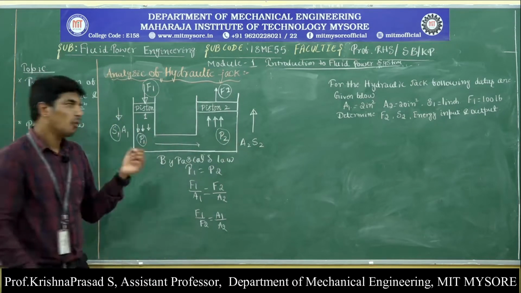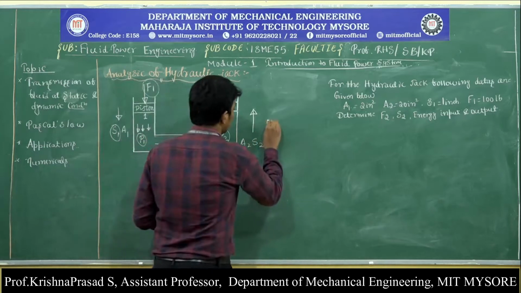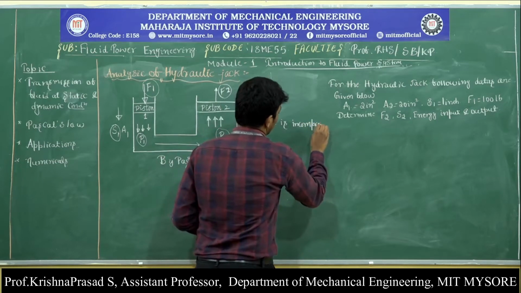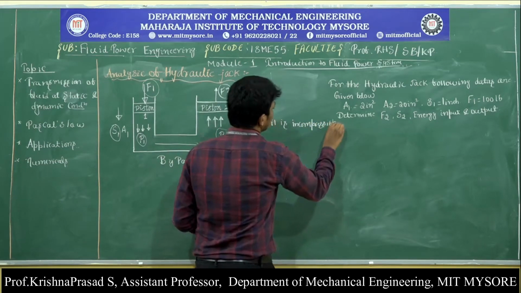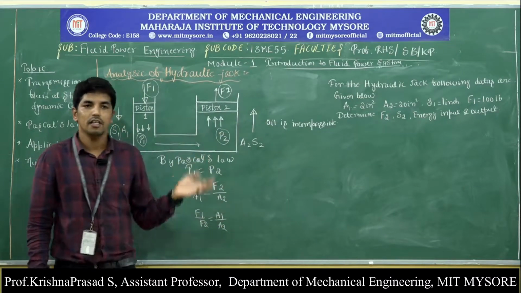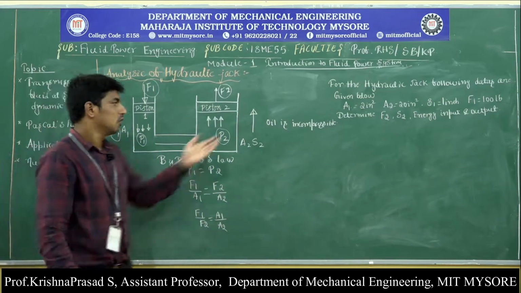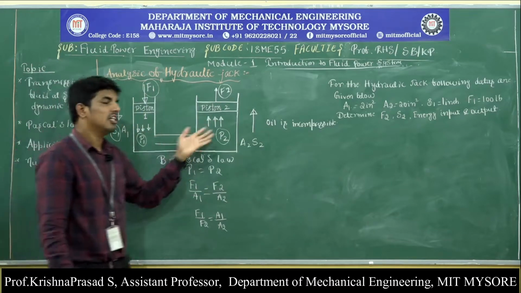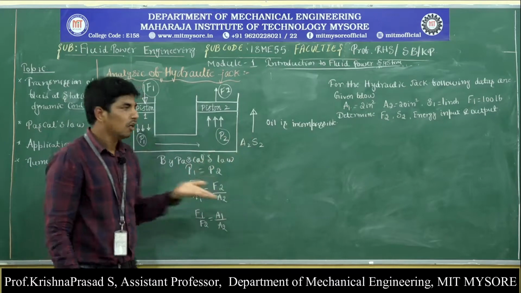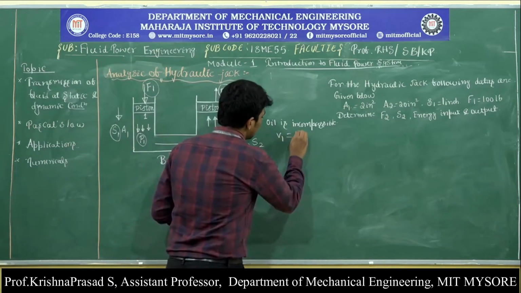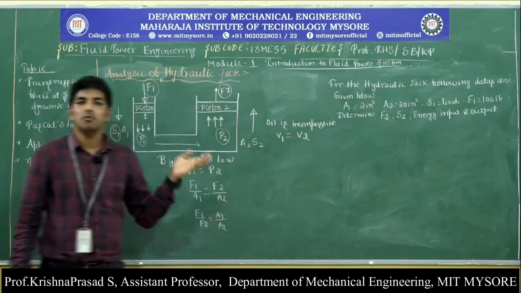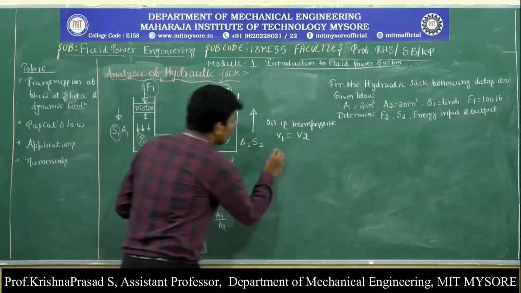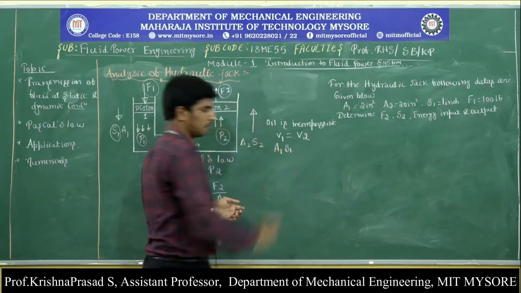Similarly, whenever I need to calculate the ratio of the movement of the pistons, S1 and S2, we need to consider one assumption: the oil is incompressible. When the oil is incompressible, the volume of liquid displaced by piston 1 is equal to the volume of liquid displaced by piston 2. Therefore V1 is equal to V2. V1 is the volume of cylinder 1, equal to A1 into S1.